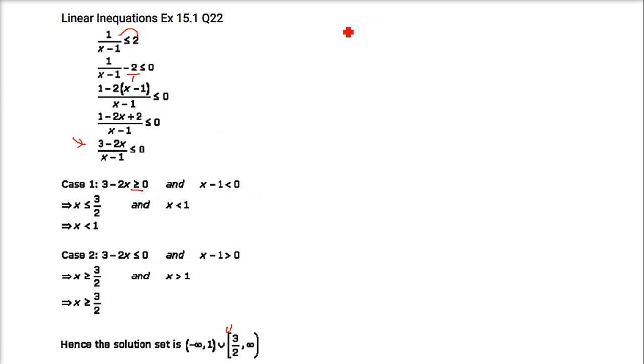I'll show you. First of all, you have to assume that when we are taking a by b, b cannot be 0. So you cannot put anywhere x minus 1 less than or equal to 0 or greater than or equal to 0. Why? Because there is a possibility of having 0, and if you have anything divided by 0, it becomes undefined.